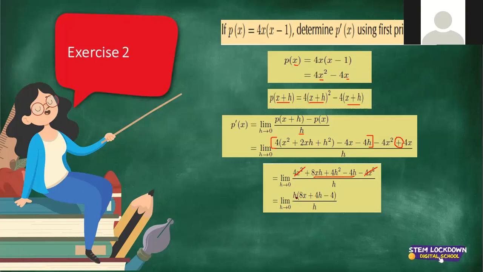For example, h times 8x is 8xh, h times 4h is 4h squared, h multiplied by that is that. So you multiply each term with the h and then you get that. That's how you check if you did the right thing. And then your h will cancel your h.